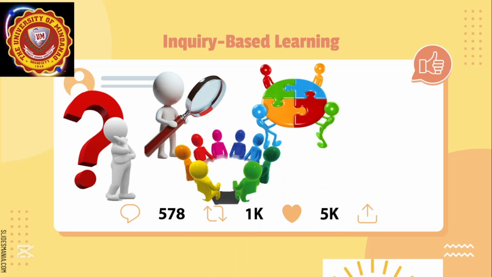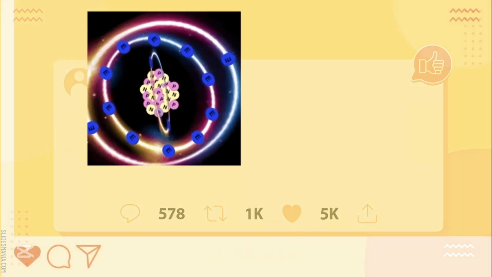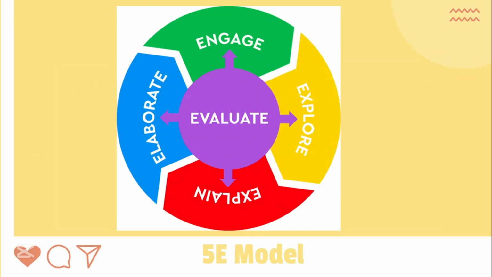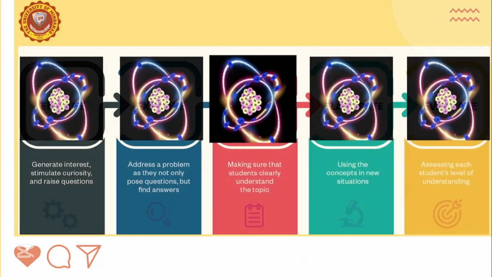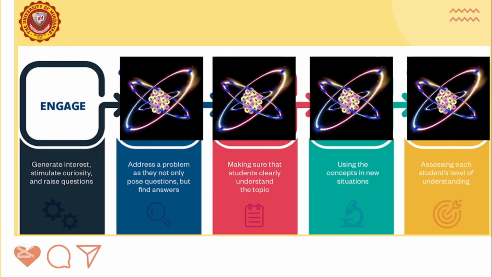Now for the 5E instructional model. The 5E instructional model is a structured, step-by-step learning framework that guides students through 5 phases: engage, explore, explain, elaborate, and evaluate. Engage: generate interest, stimulate curiosity, raise questions.